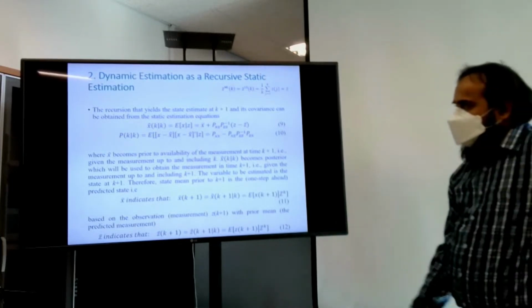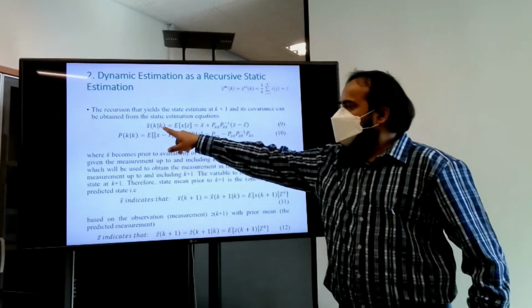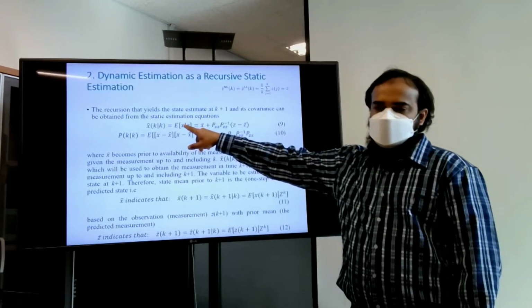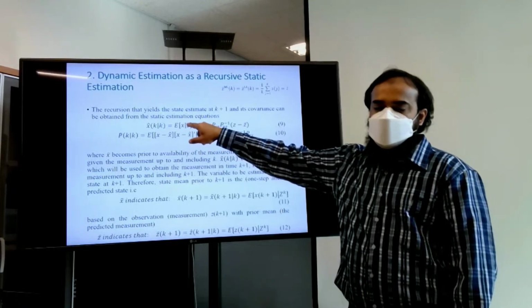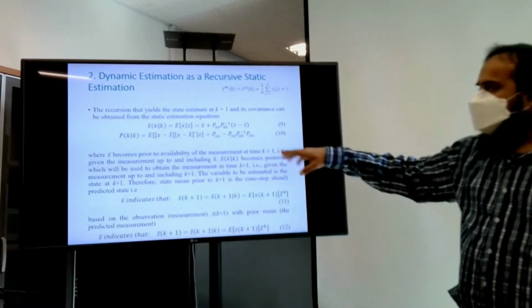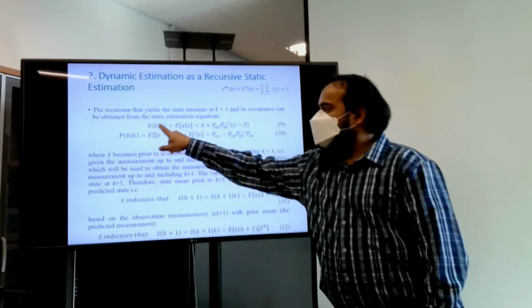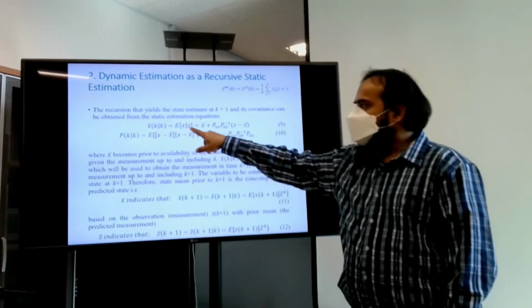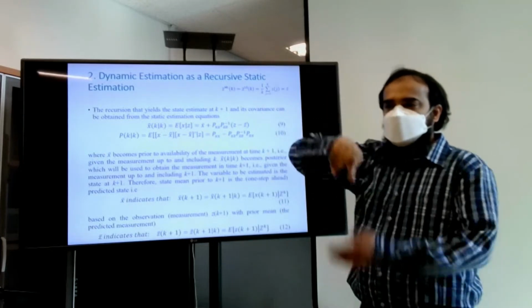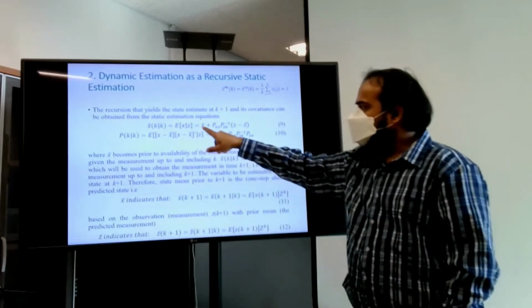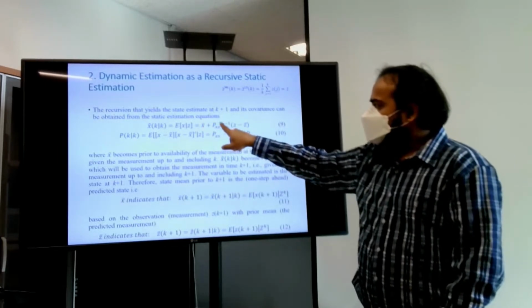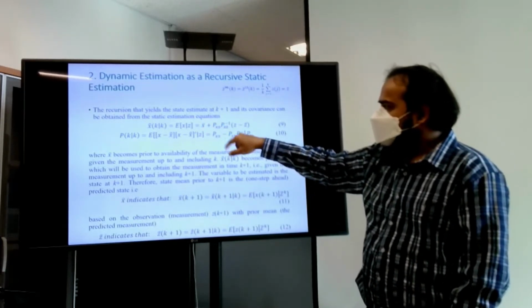So your estimator has an expression for x. We have ignored some variable inside equations 5 and 6 for simplicity. This equation is the expression of x given z, a subset of z to the power k, equal to the mean of x plus the covariance matrix term. We will discuss this in the next slide.